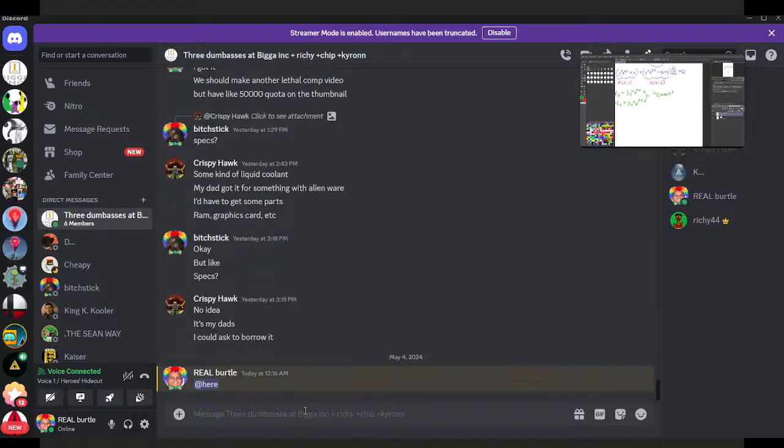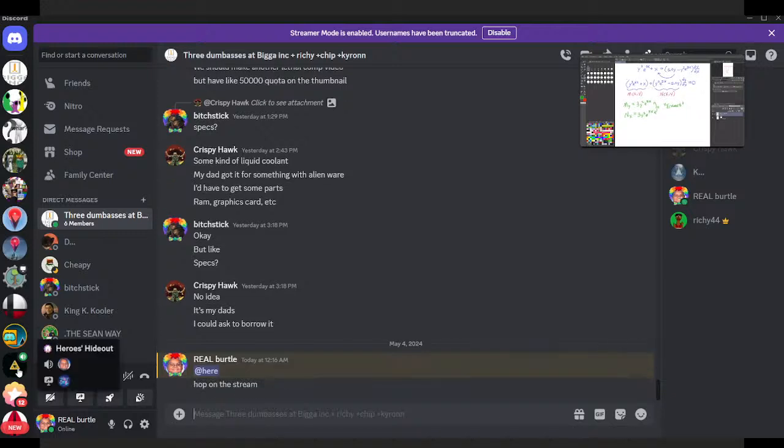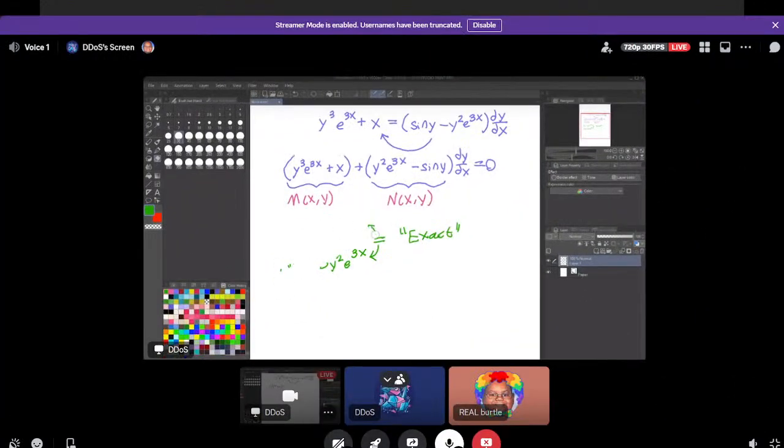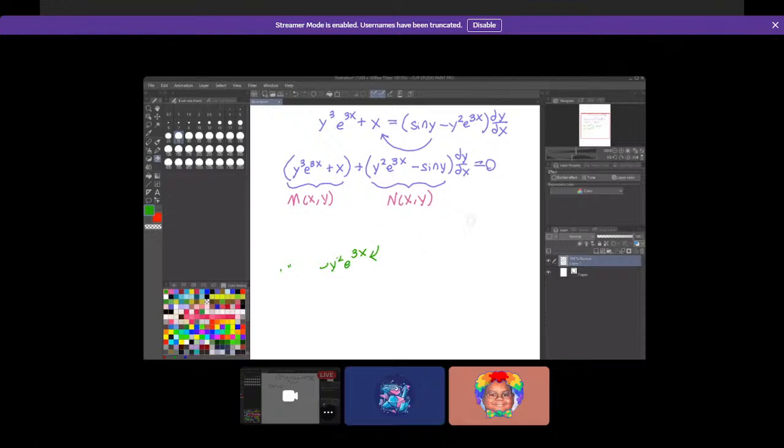So now what we want to do, all right, we did the check. We don't really need this anymore. It's exact. So, need to switch away from eraser.